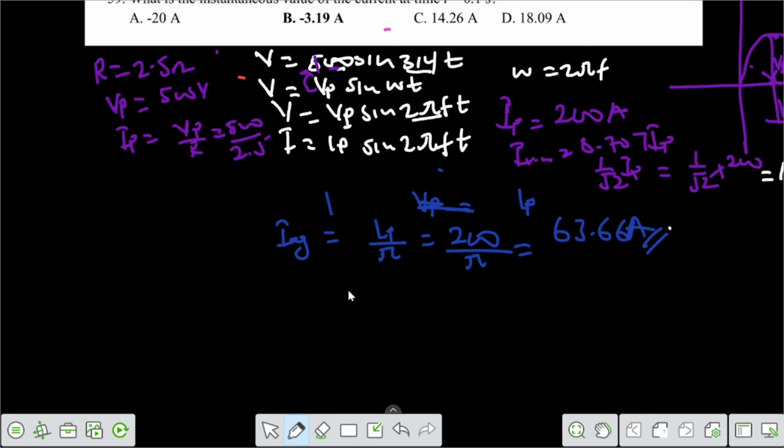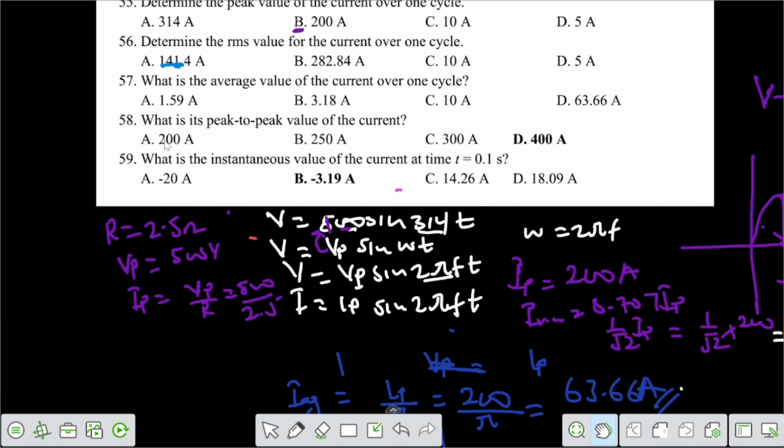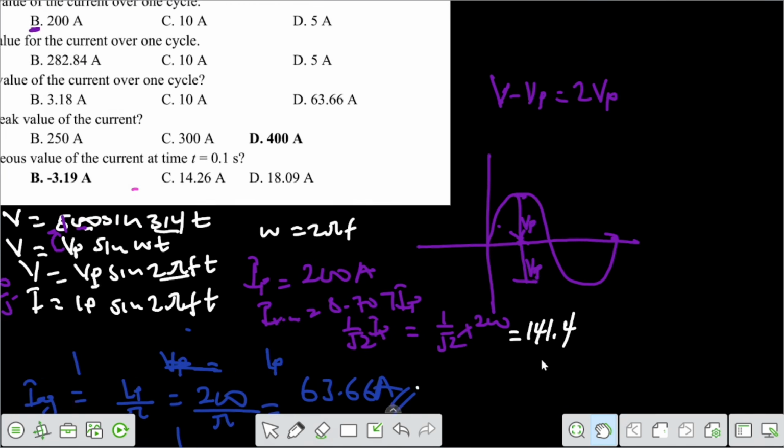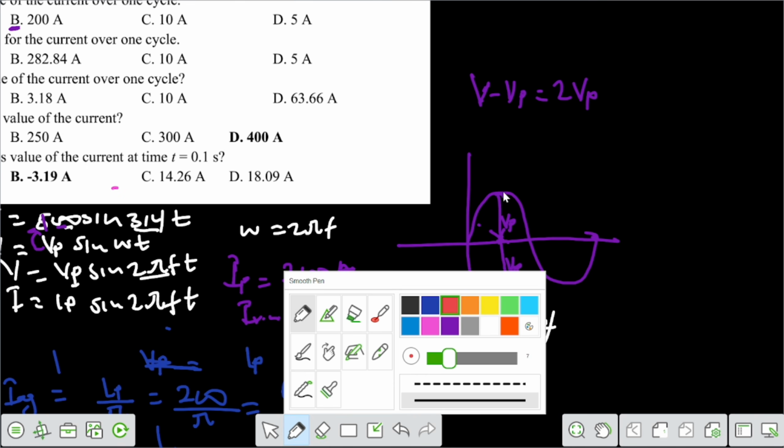Now let's look at the next question. The next question says that we should find its peak to peak value of the current. Now don't forget, I've already explained earlier that anytime you are finding the peak voltage, twice of it will give us the peak to peak current or voltage, depending on what the circuit is.